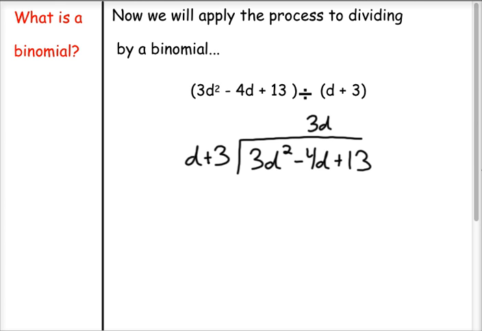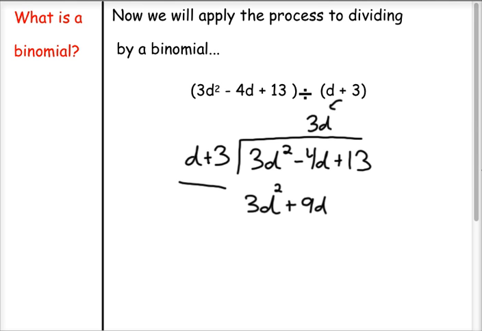Now, I'm going to take that 3d and multiply this whole d plus 3 by it. So whatever I just found, which was that 3d, I multiply now that entire d plus 3 by it.